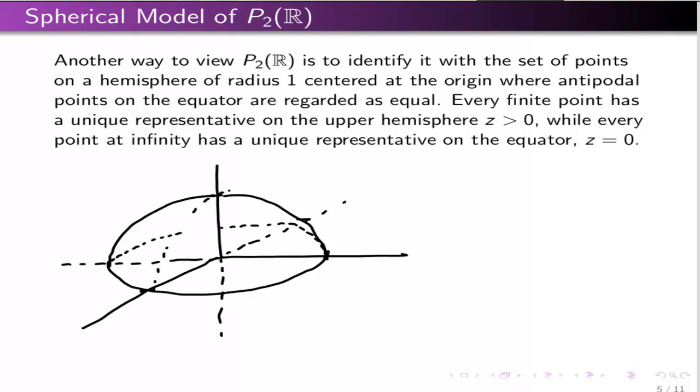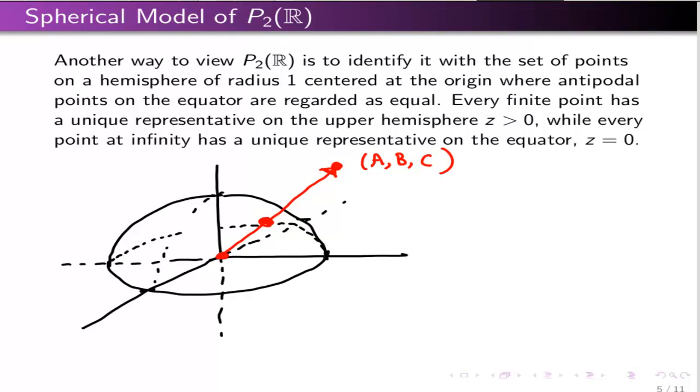So if you give me any point in space, so here's your point ABC, draw a straight line through the origin, and at some point it penetrates that hemisphere, and it hits it at a unique point, going up to this point right here.